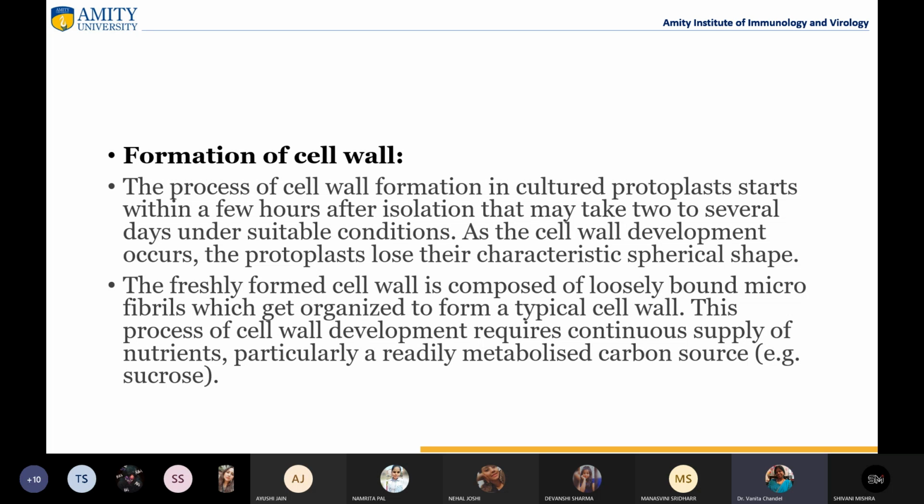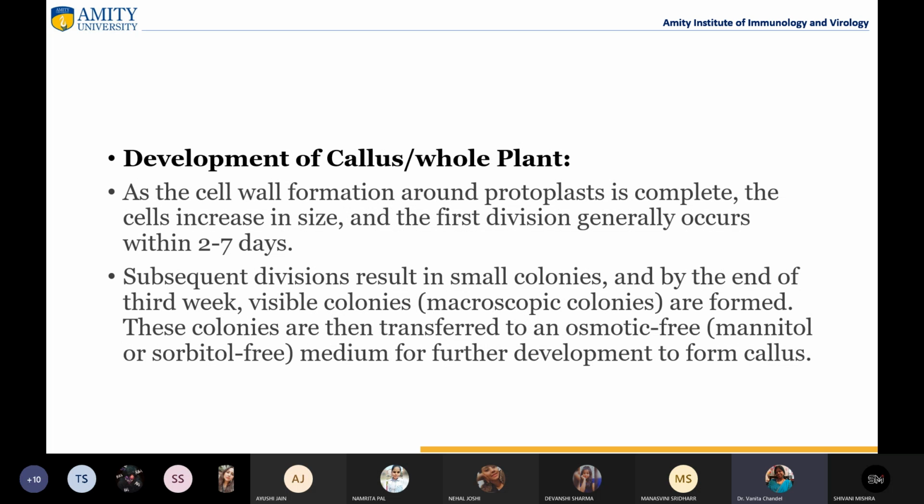The freshly formed cell wall is composed of loosely bound microfibrils which get organized to form a typical cell wall. Now, this process of cell wall development requires a continuous supply of nutrients also, and some carbon source such as sucrose is commonly used in the different nutrient media. So this will require a lot of carbon source also.